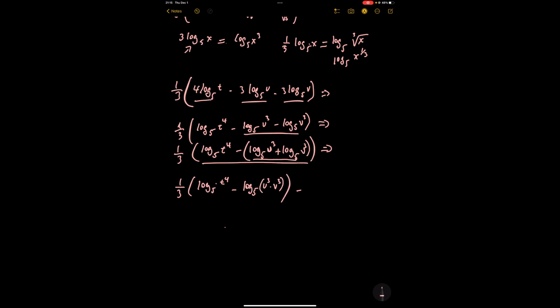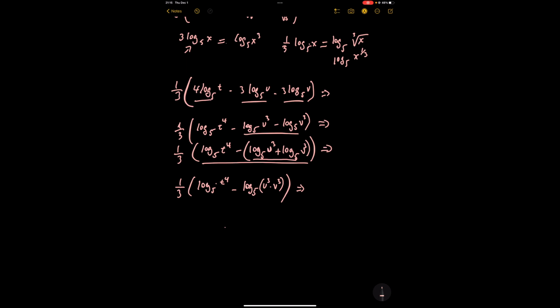You see that? That's why I did that. I basically combined them like terms by removing the negative, that way I can use it as a multiplication, because they're both negative.